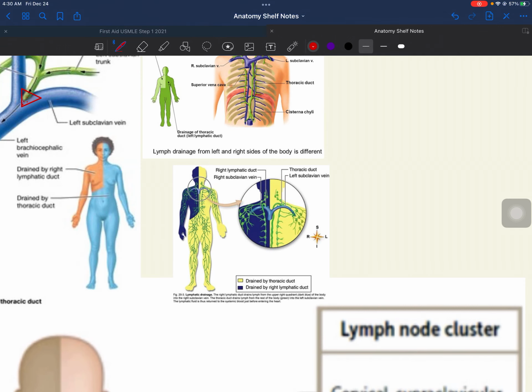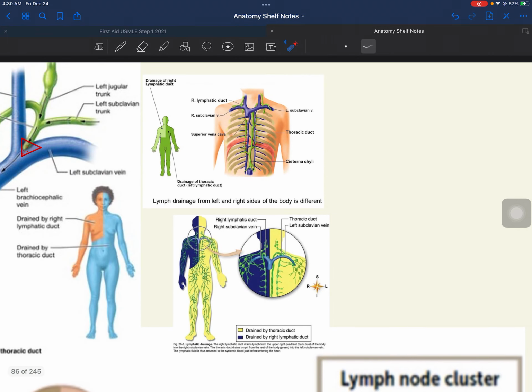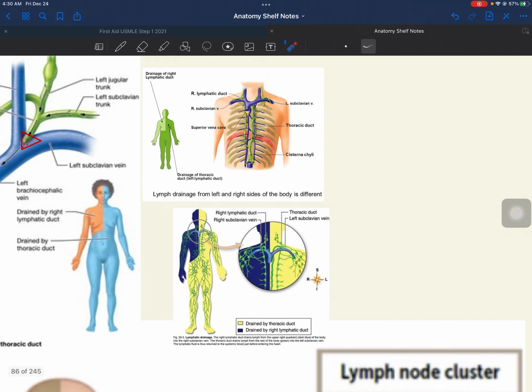This is the same thing we just talked about. This is the right lymphatic duct, and this is the thoracic duct. All this is the thoracic duct, and that's it. We have the cisterna, the thoracic duct going up, and here is the superior vena cava, which is where these two meet. They go to the superior vena cava and then to the heart.